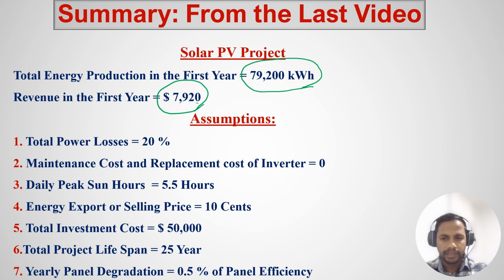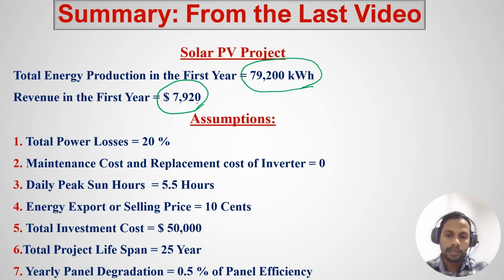The NPV technique is very simple. We can finish it within 5 minutes, but the problem is that the solar PV output calculation is not that easy, because we are making a lot of assumptions. That is very important. What are the assumptions we are making? At the end of this video, or maybe in another new video, I will discuss each assumption and what can go wrong if the assumptions are wrong, because the entire design and the entire NPV value will go wrong.